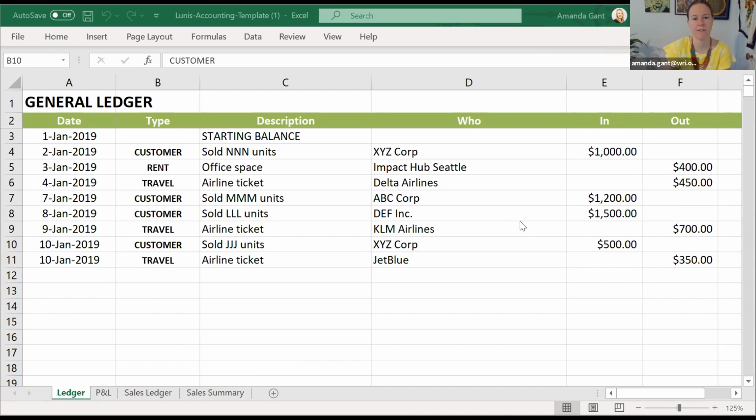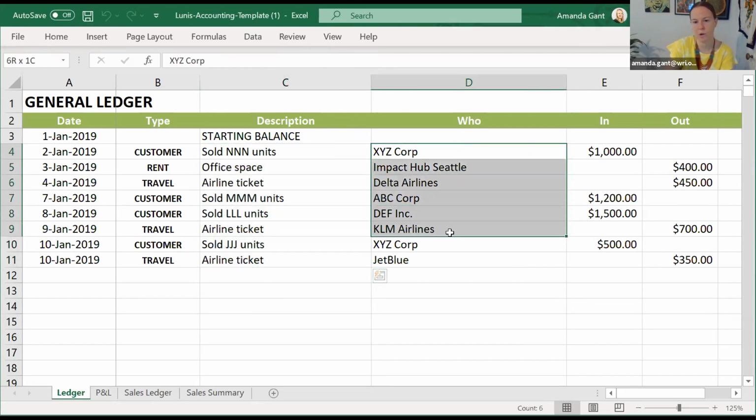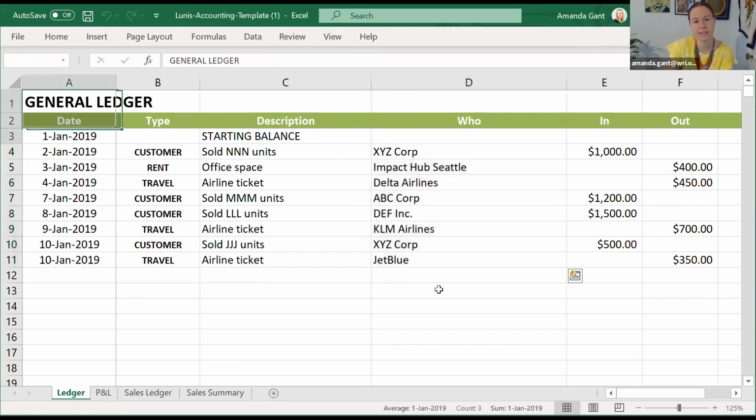But if you just called everything travel, you might not know what it was for, so you want to remind yourself what it's for. This is where you can call it whatever you want so you can remember it. This is also helpful because it's basically a big database.